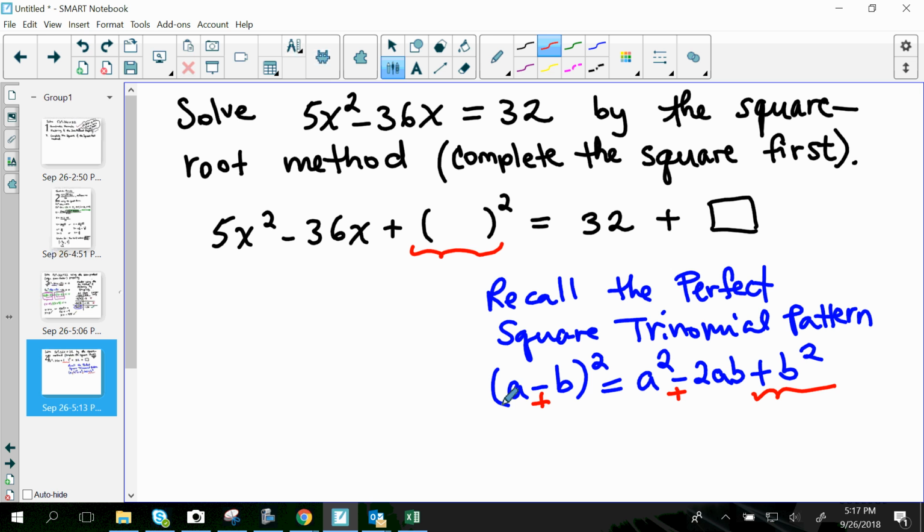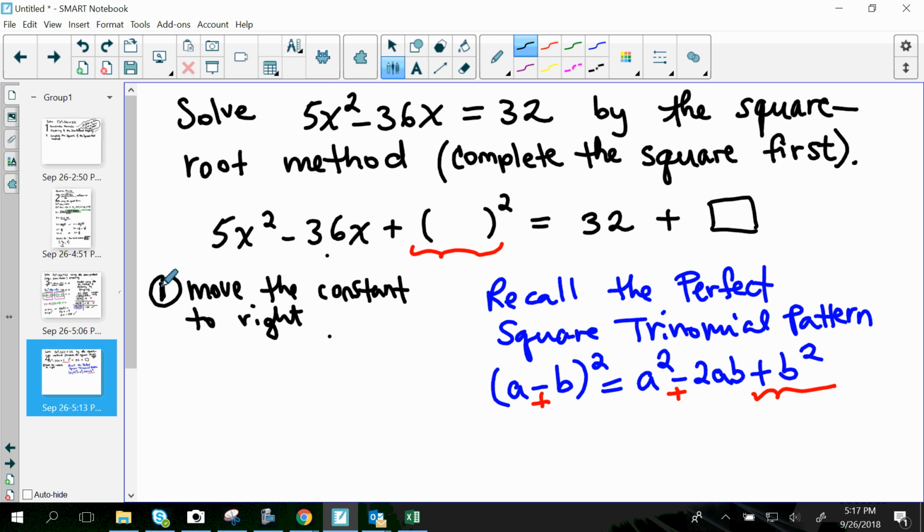Now, because of the perfect square trinomial pattern, there is always, well, actually I'm getting ahead of myself a little bit. The first step is going to be to move the constant term to the right, which was already done. When the problem was given to us, the constant was already on the right, so we don't have to actually do that step.